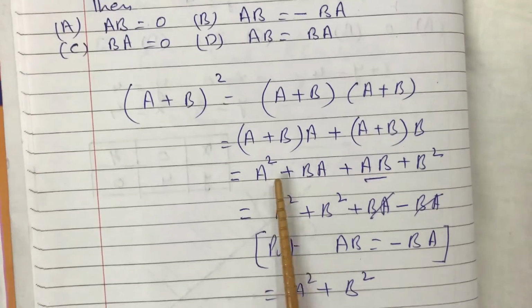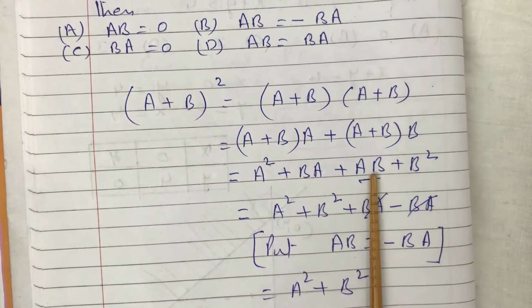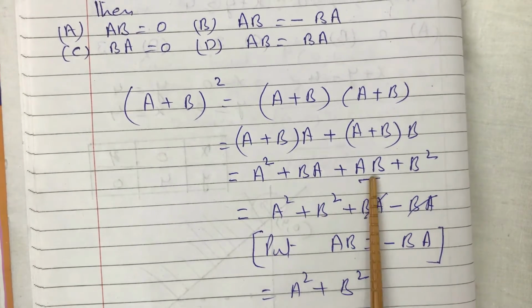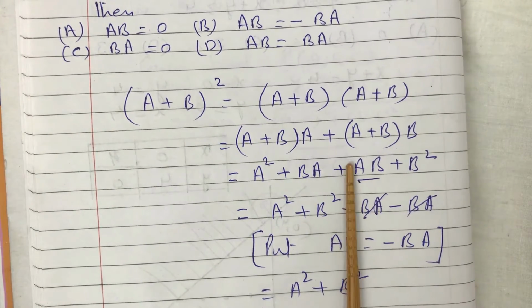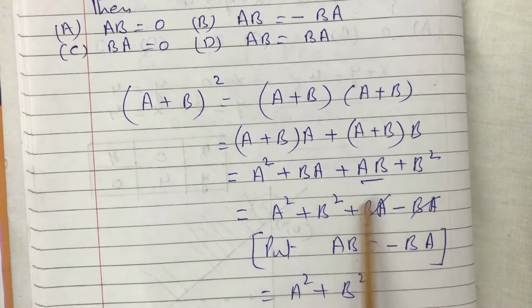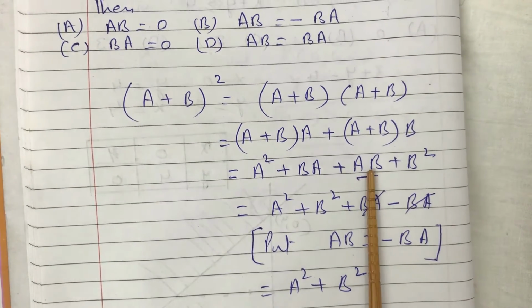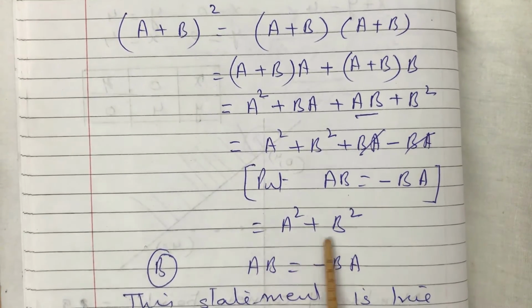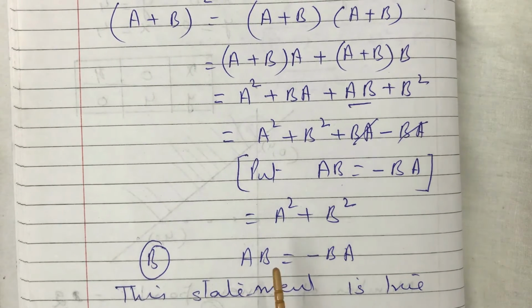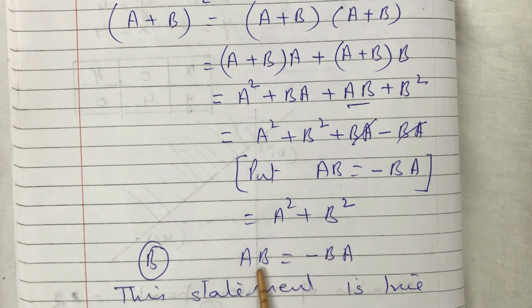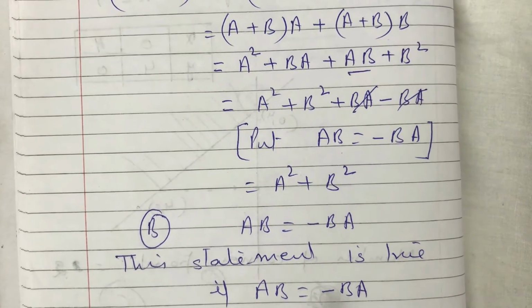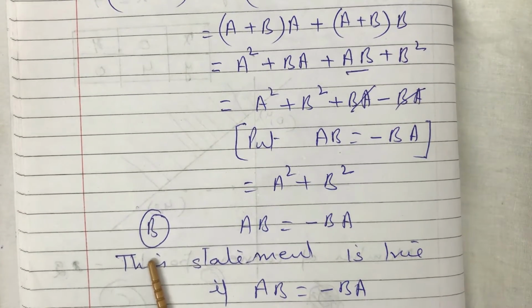You multiply these two, you will get A square plus BA plus AB plus B square. Now we want A square plus B square, we don't want this. If I write AB as minus BA, then it will be cancelled. So it will be equal to A square plus B square. So (A plus B) whole square is equal to A square plus B square if AB is equal to minus BA. So B is the option.